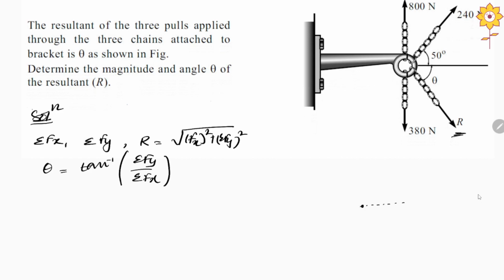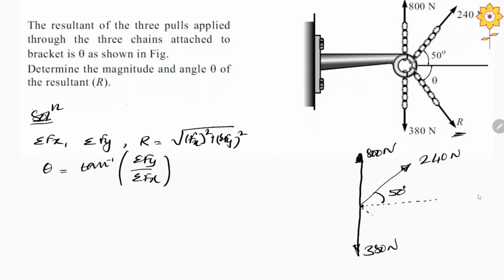We can draw the x-y quadrant, and we have a vertical force of 800 Newton, and an inclined force of 240 Newton making an angle of 50 degrees with the horizontal x-axis, and we have a downward force as well, which is 380 Newton. So we have to find out the resultant R and the theta.